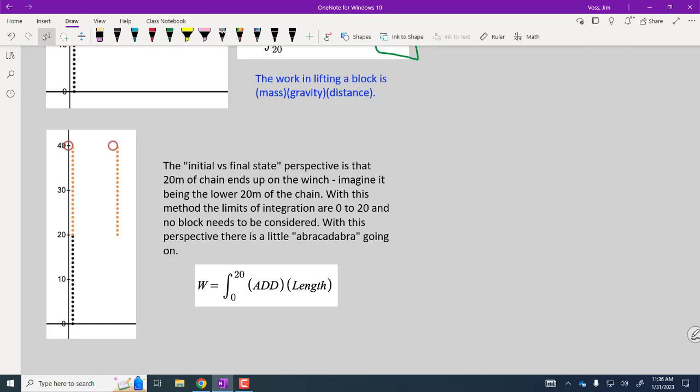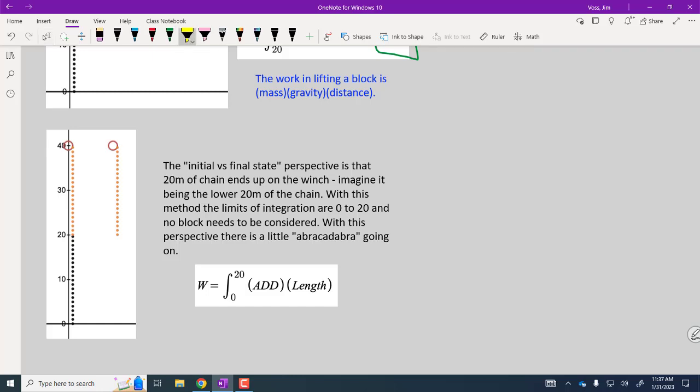So let's think about this initial versus final state perspective. Here's the initial state, and we need half the chain to end up on top. So what you can imagine is the lower section ending up on top, even though physically, of course, that can't happen. But the final state is that we need 20 meters dangling. So instead of zipping the top half up, we can imagine, even though again it's physically not possible, zipping the bottom half up to the top.